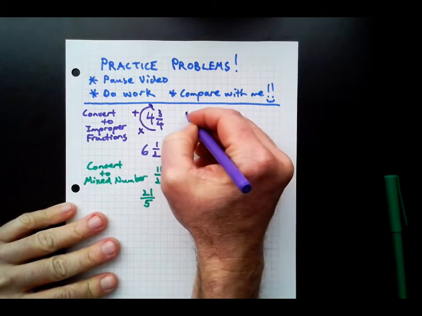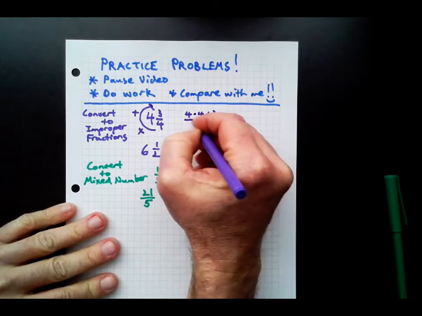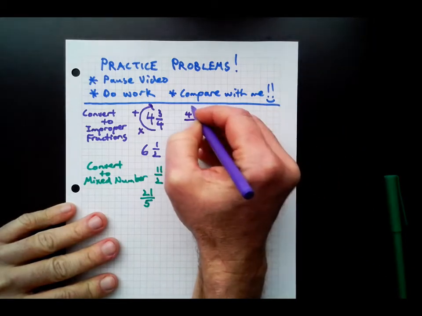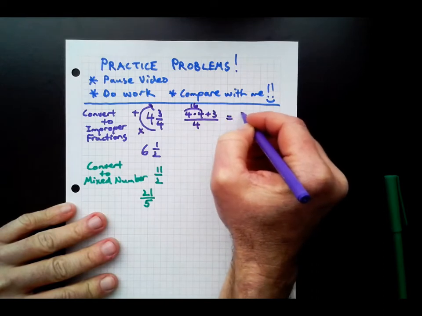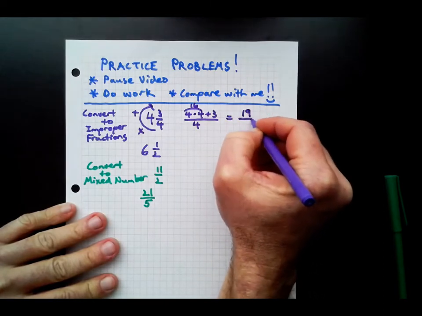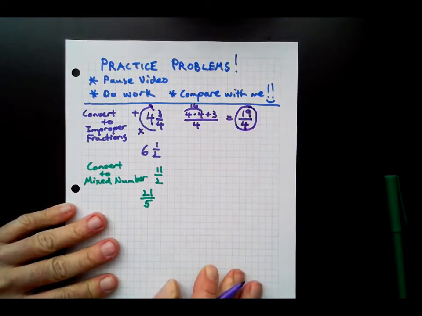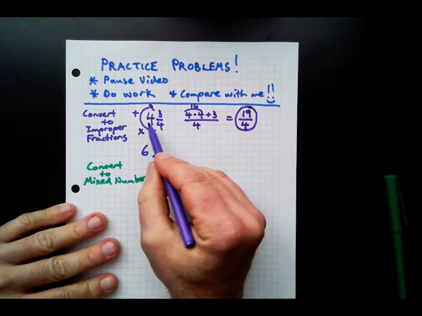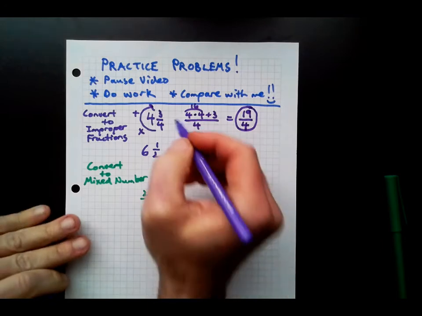So I'm going to multiply 4 times 4 and add 3, and I'm going to keep that denominator. 4 times 4 is 16, and 16 plus 3 is 19. So I ended up with 19 fourths. There is the improper fraction version of 4 and 3/4. They equal the same thing.